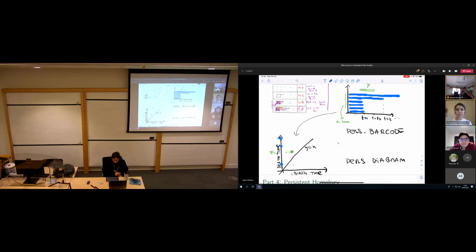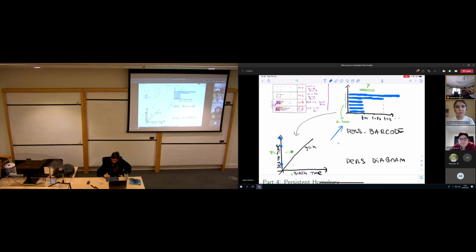Now this is not the best example to have a nice persistent diagram. The barcode looks much nicer. Anyways, let me just repeat. You can represent all the features as dots in a plane, having as coordinates birth time and death time in the filtration.